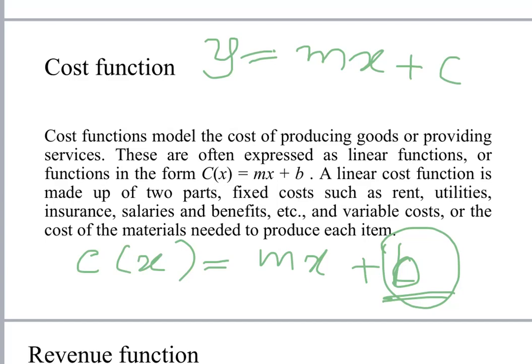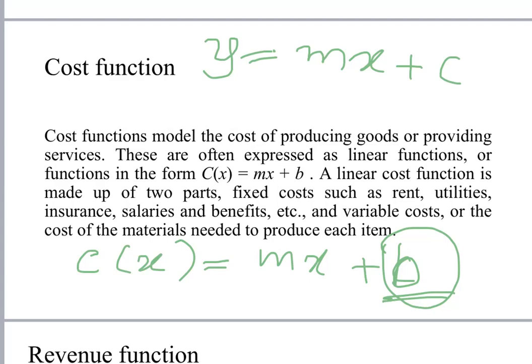So it varies based on the number of units that we are producing. Adding these two types of cost gives the total cost function, which consists of the variable cost and the fixed cost.